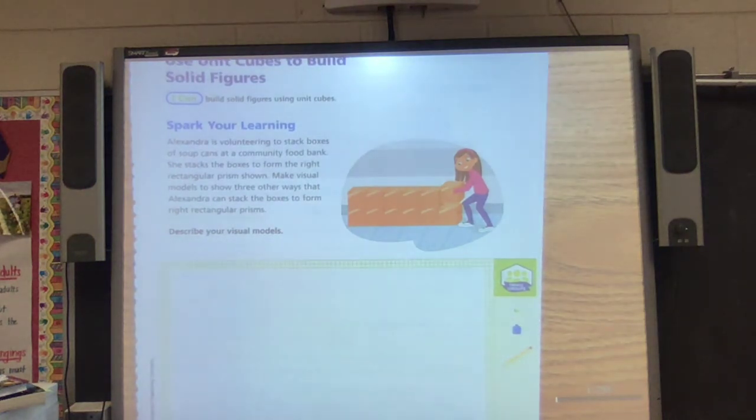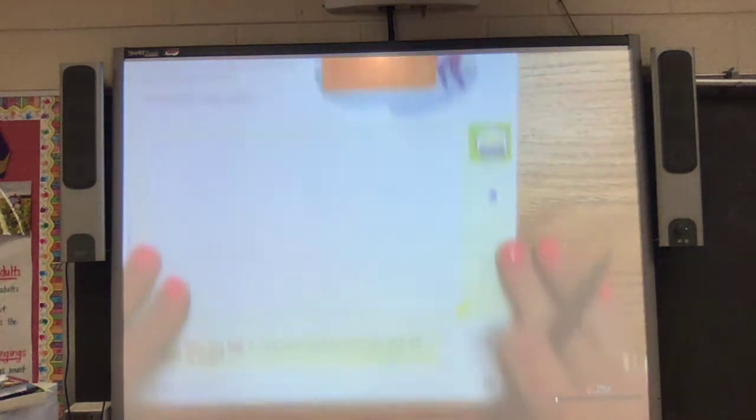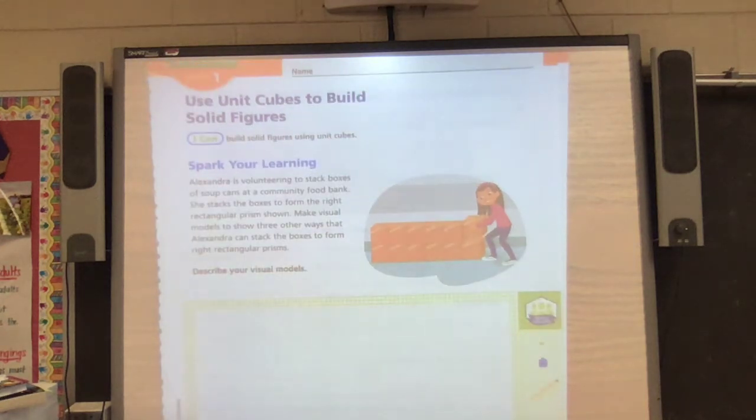Okay, good. So today we're going to start talking about volume. We're in your module 1 through 9 book, page 95. So we're back in that other module, and when we get done with this, we have learned everything for this year, which is super exciting.